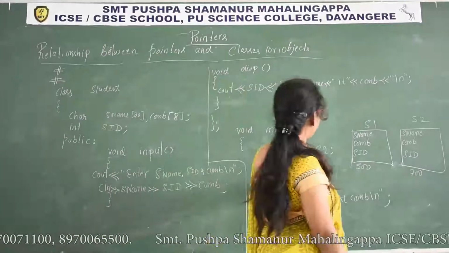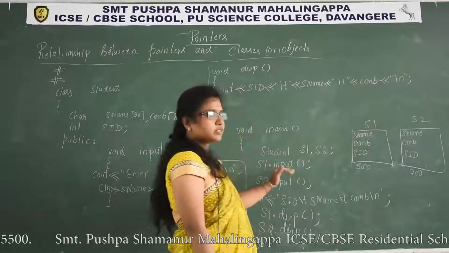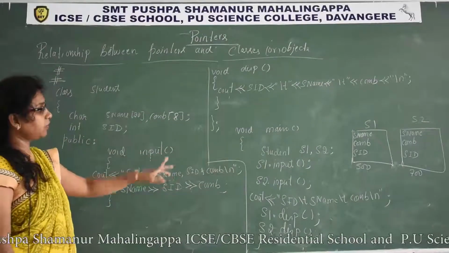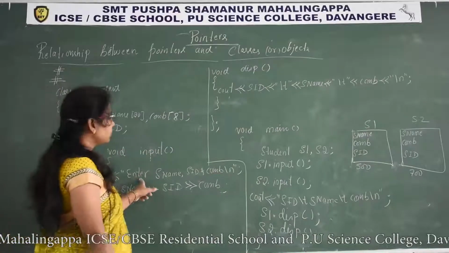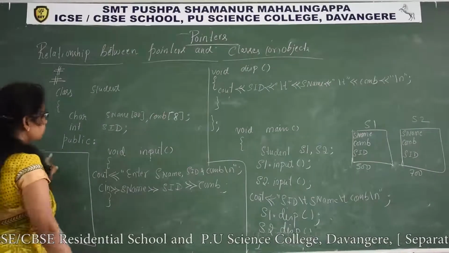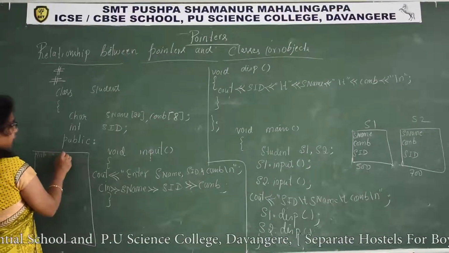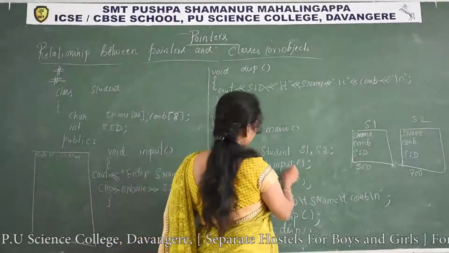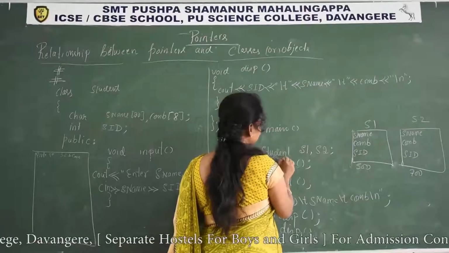What happens when we create an object? Memory will be allocated. Then S1 dot input: which function will be invoked here? The input function, using which object? The S1 object. So it has to read values for S1. Assume this is the output screen. The first statement will be: enter name, SID and combination. Before calling, let us write a statement: enter first student details.